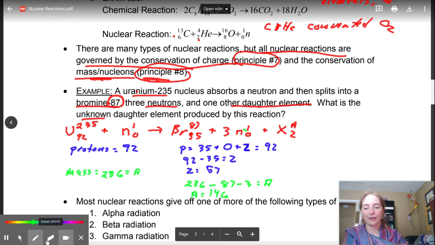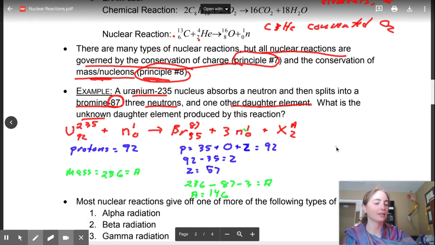So we can get our final answer now in pink, because why not? Colors are fun. X is La, the element symbol from the periodic table, A is 146, and Z is 57.